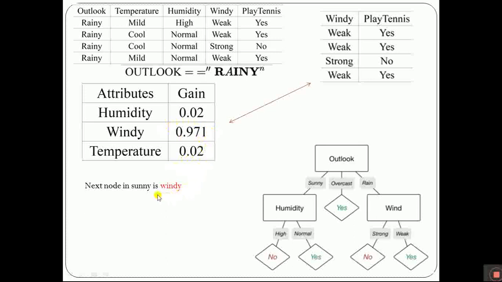So the next node I decide is windy. In this windy, there are only two categories, weak or strong. During weak we can play tennis, and during strong we need not play tennis. So I can classify here as yes or no. This is the final tree. No need to further classify. These are leaf nodes. Right?